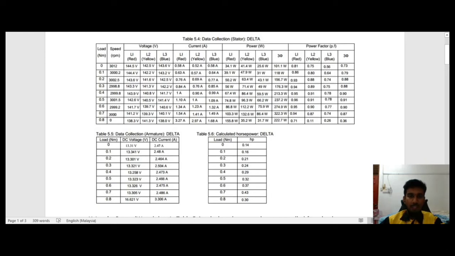Besides, table 5.6 shows that we have calculated the horsepower for the delta connection synchronous motor, which varies with load torque from 0 to 0.8, by using the three-phase power, which is 101.1 until 222.7 watt. For this calculation, the step is shown below.